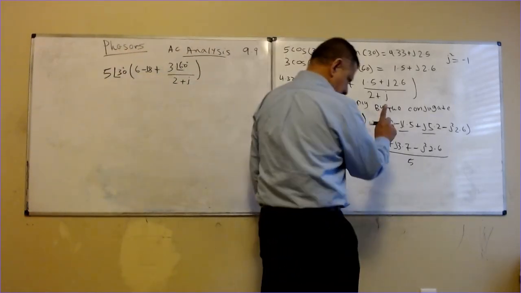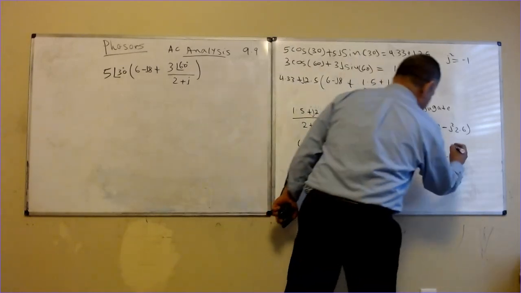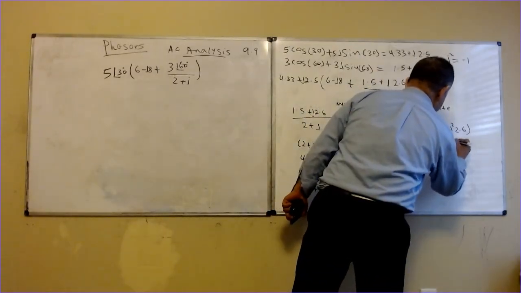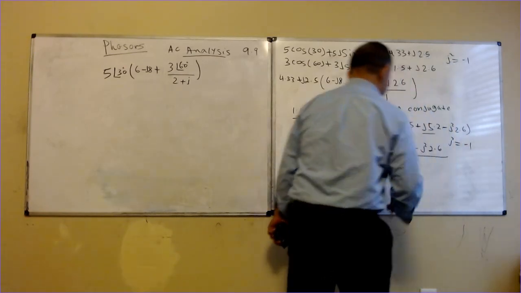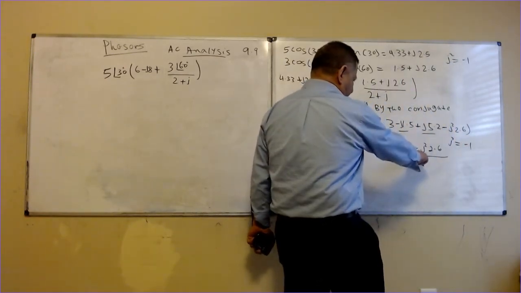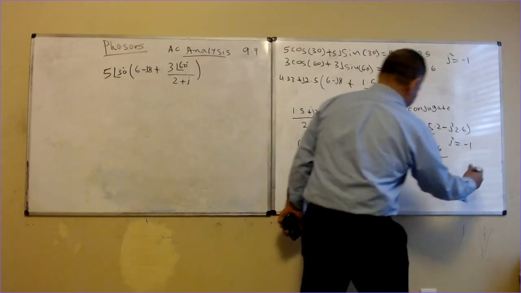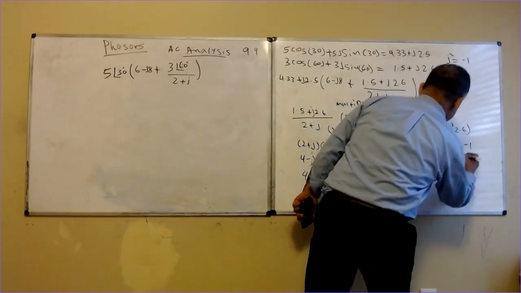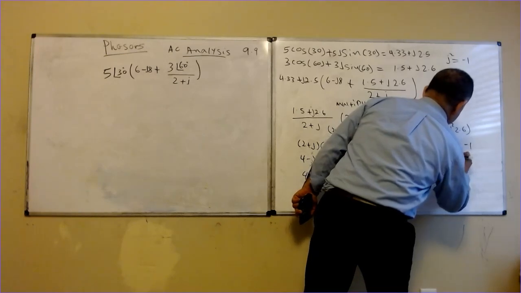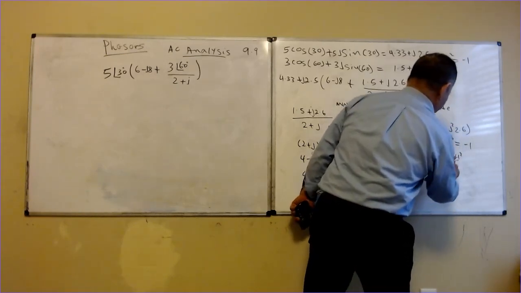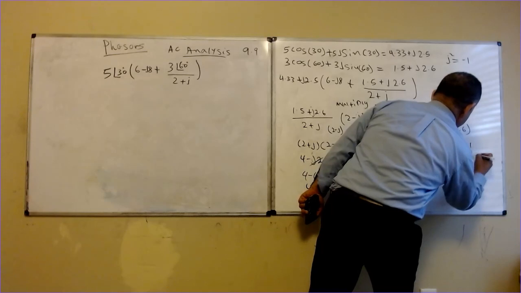Now look, this is not done yet, because on the top, I should add J squared is equal to -1. When I put that over here, that becomes a positive, but I have a negative 2 in front of it, times 2.6.